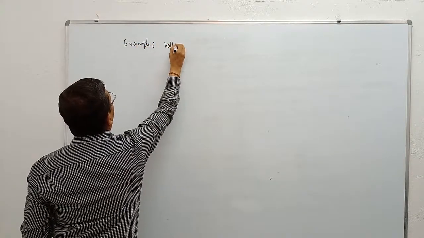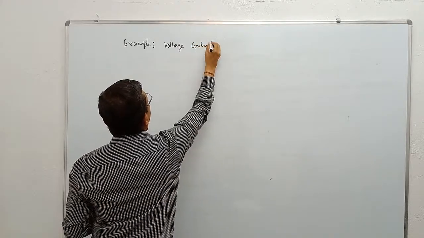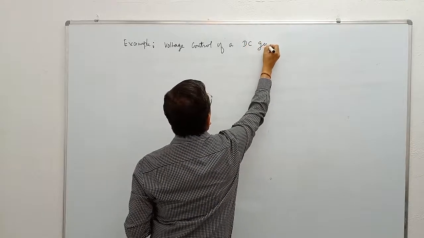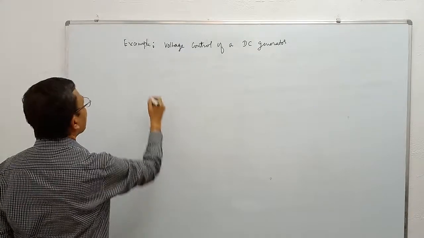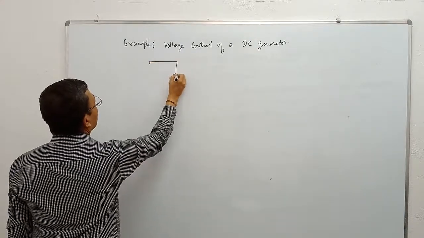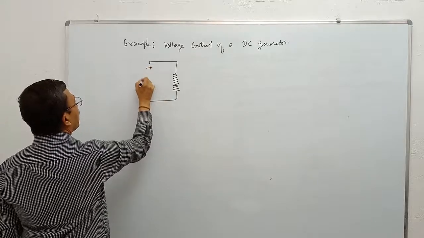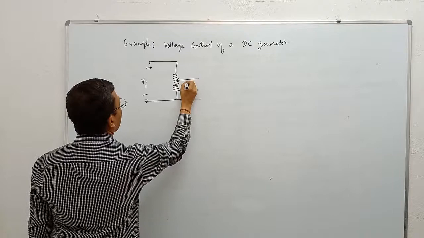Example, voltage control of a DC generator. This is the potential divider. Input to the potential divider is VI. Output of the potential divider is VR.